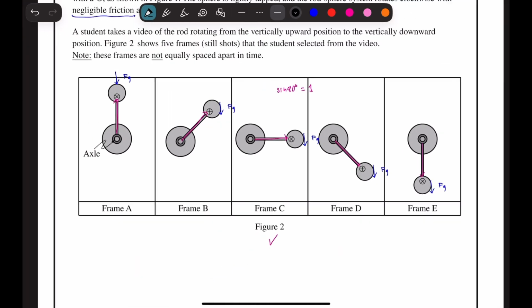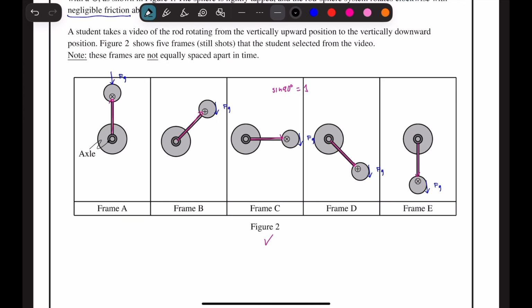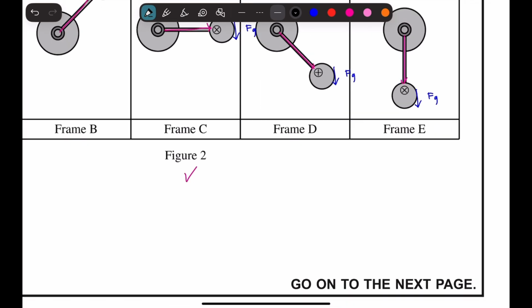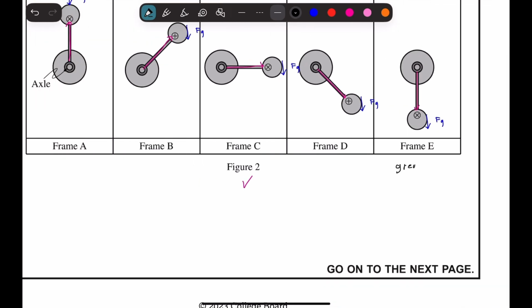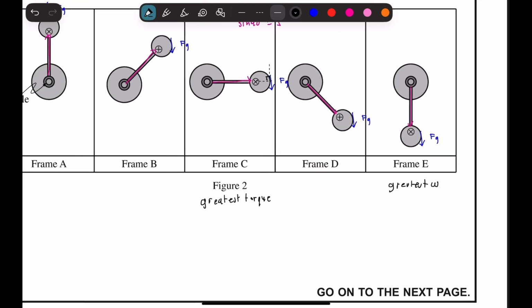So looking at all of these, our angular speed is going to be the greatest omega. This was the greatest torque because of that perpendicular. Earlier we had this. This has the greatest omega.